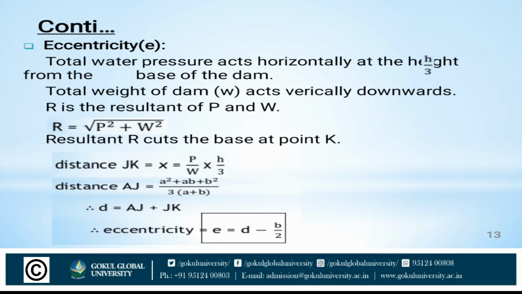Resultant R cuts the base at the point. Distance JK is equal to P by W multiplied with H by 3. So distance AJ is equal to (A square plus AB plus B square) upon 3(A plus B). So D is equal to AJ plus JK. Eccentricity E is equal to D minus B by 2.